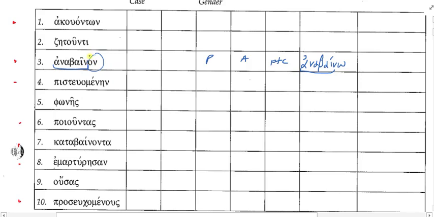After my present stem, I have an omicron, which is a connecting vowel. And then, what did you learn the participle morpheme is for active participles? Nu tau. Okay?